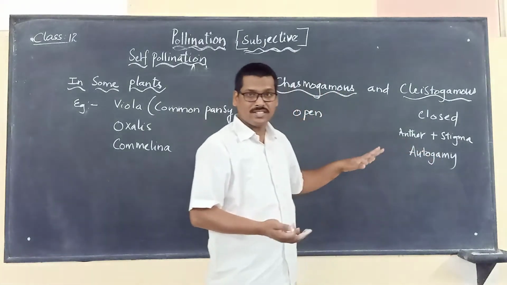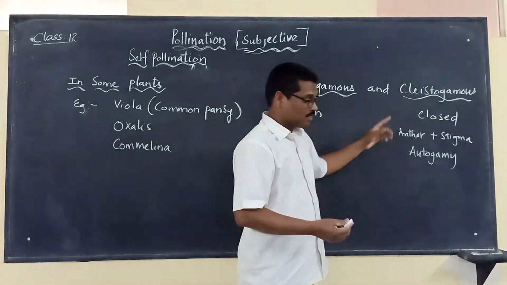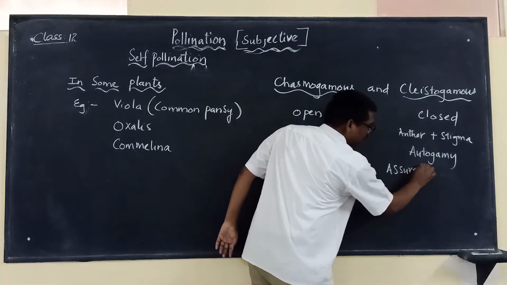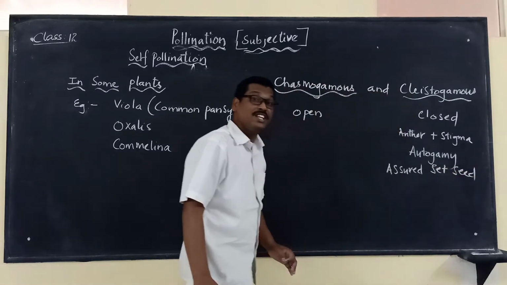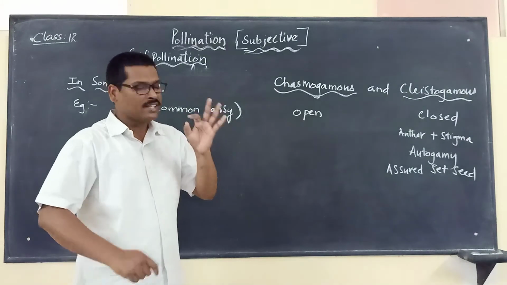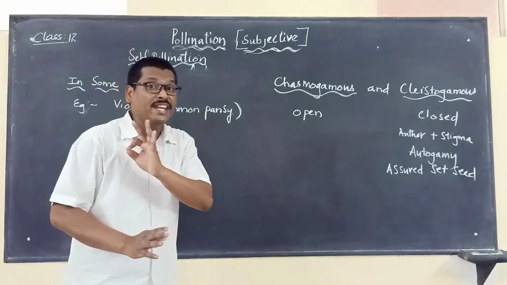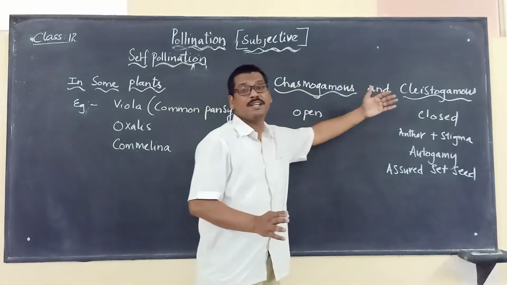And because of this, the cleistogamous flowers produce assured seed set. Assured seed set means compulsorily they will be producing the same type of seeds without showing any variations. They will carry the same characteristics as the parent plant.